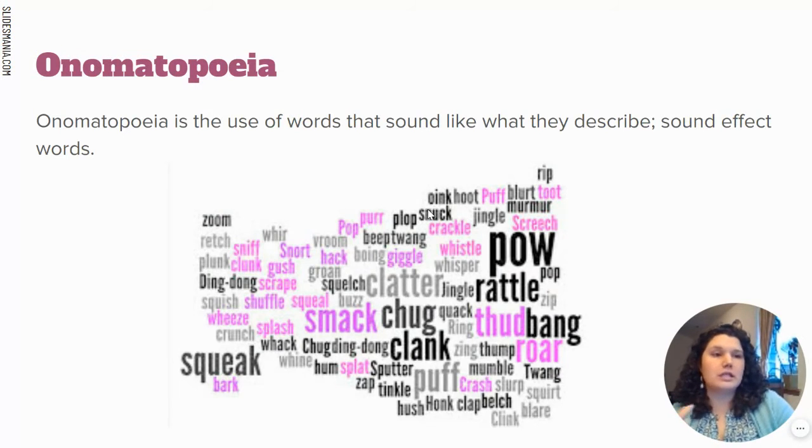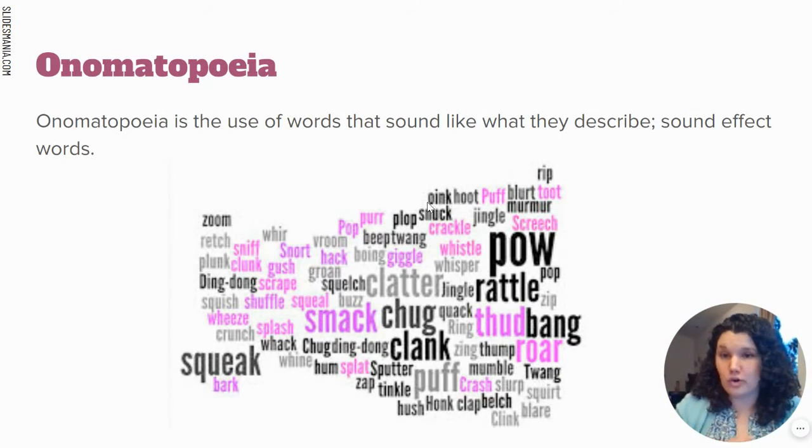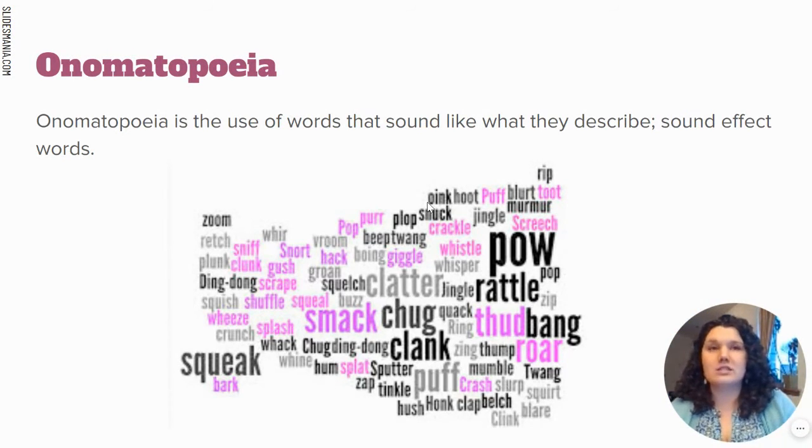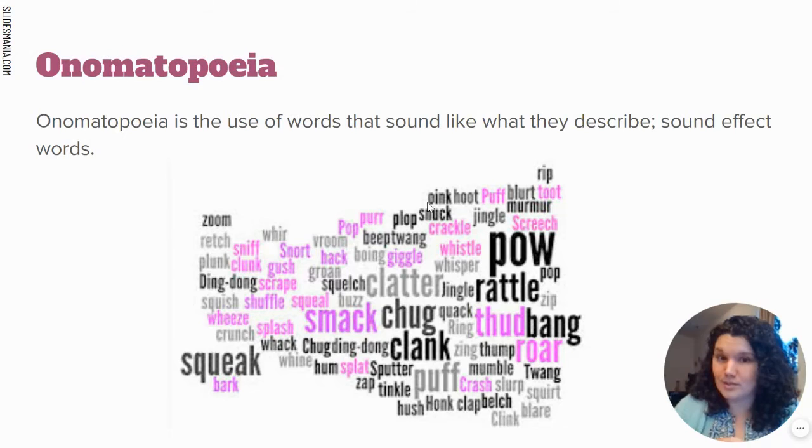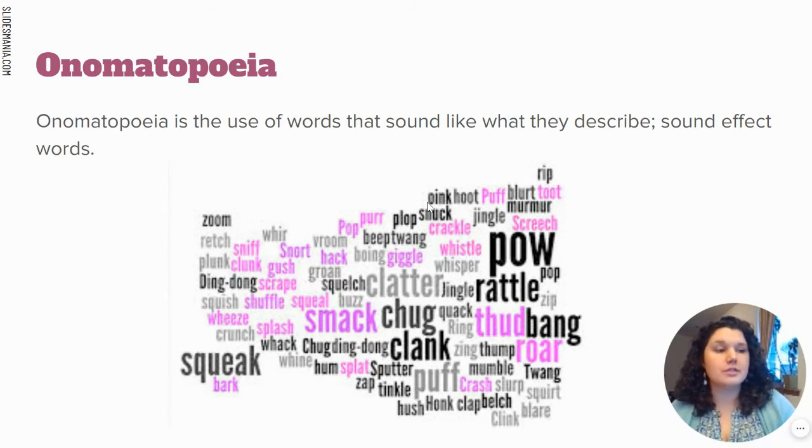The last one that we're going to look at today is onomatopoeia. And this is when words sound like what they describe. This is often used in sound effects. This is when a word sounds like a sound. So here's some examples. Squeak. That squeak is supposed to imitate the hinge squeaking.